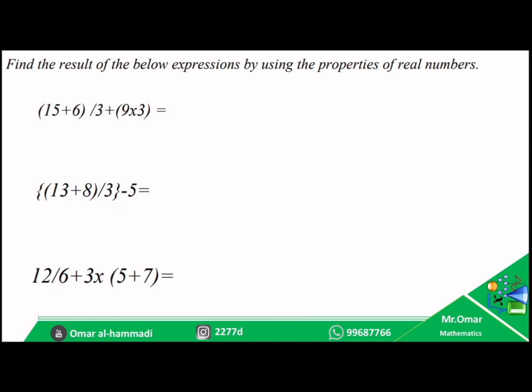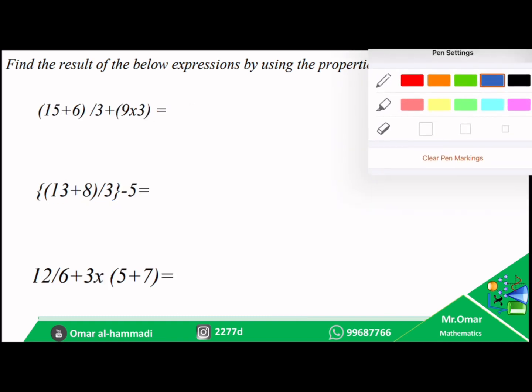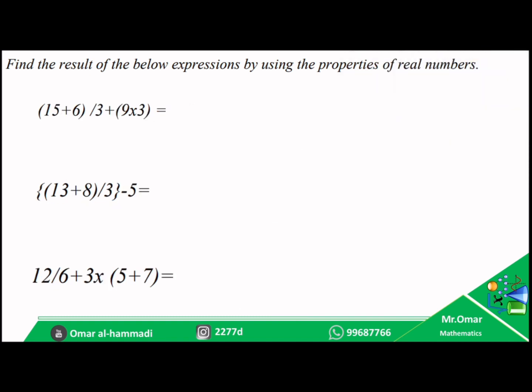Okay, again, here we have 15 plus 6 divided by 3 plus 9 multiplied by 3. So first of all, we will start with 15 plus 6.